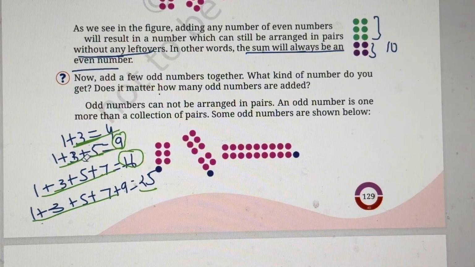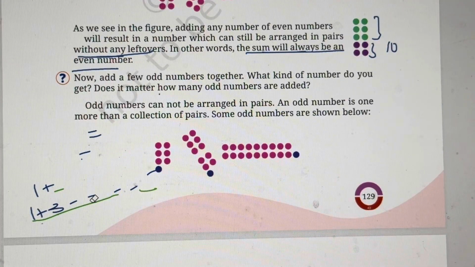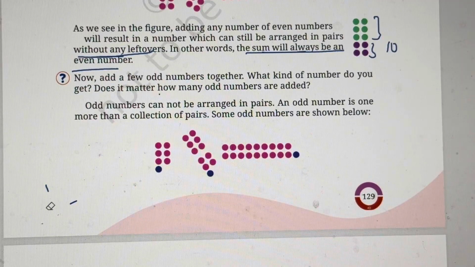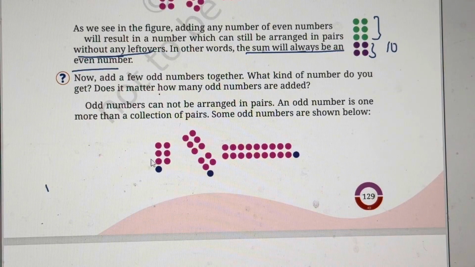We can understand this through this dot representation of numbers, right? So let us see the collection of pairs which are given over here in the form of dots. So this number represents 7. And this represents 6 plus 5, that is 11. This is representing 11.